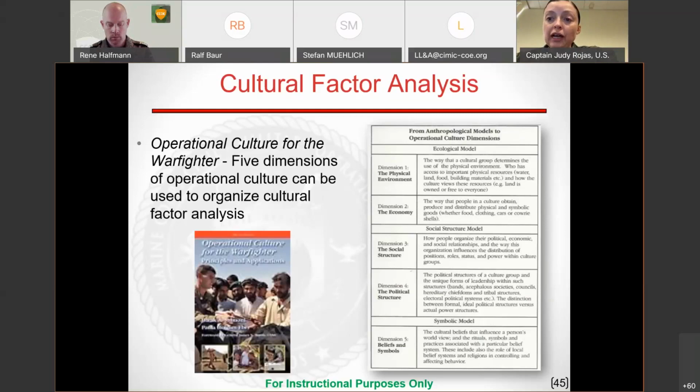Because in there, you look at the ecological part, the social structure, and the symbolic structure. So for the ecological model, you have that first dimension talking about the physical environment, and the second dimension talking about the economy. Your social structure model has the 3rd and 4th dimensions, where you talk about social structure and the political structure. And then your symbolic model touches on that 5th dimension, beliefs and symbols. Next slide, please.